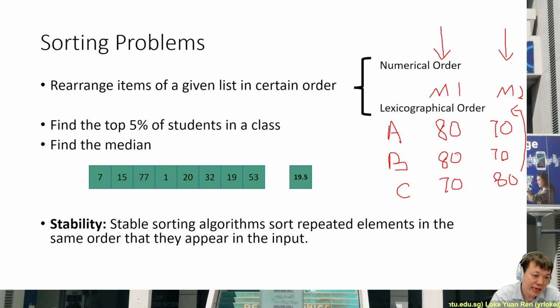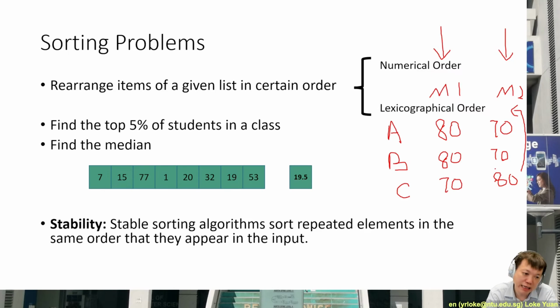Stable sorting algorithms won't change the order. The earlier sorting result already had A first, B later. After sorting based on column M2, I only move C to the top. A and B are still in order. That's what it means to be in the same order that they appear in the input.